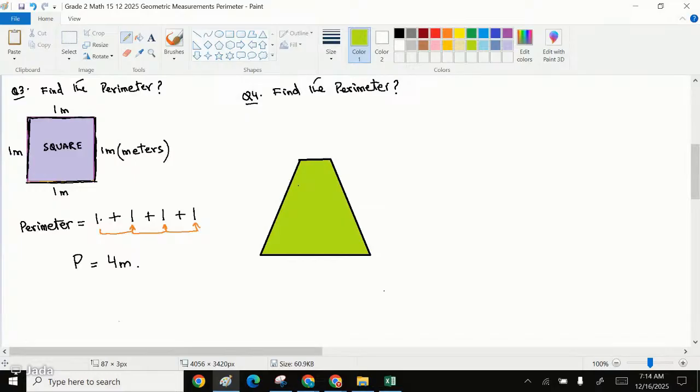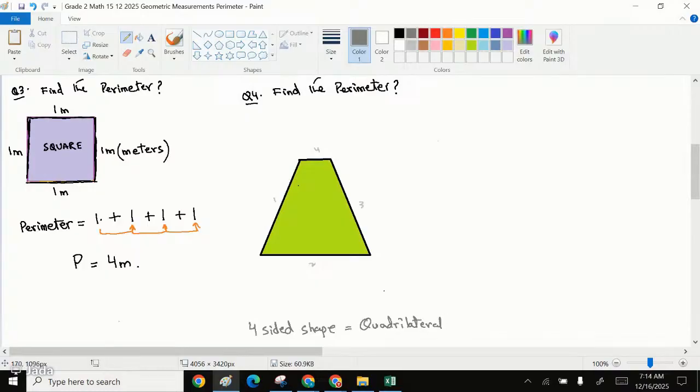So how many sides do you see? Can we still say this is a triangle? Let's count the number of sides. 1 side, 2 sides, 3 sides, and 4 sides. A 4-sided shape is known as a quadrilateral, right?